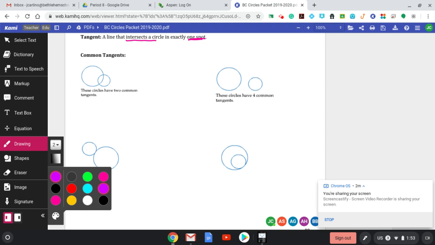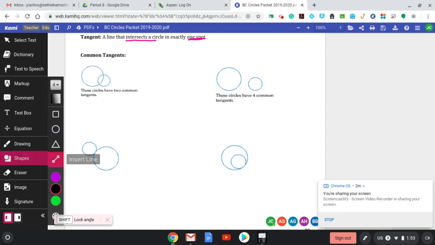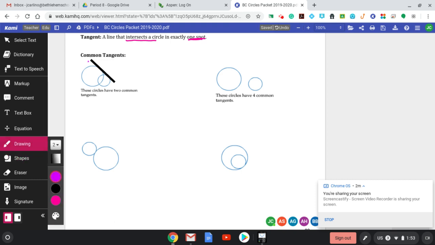So I'll give you a little startup here. Here is my first line right there. Can you draw in the second one? Because I'm claiming there's 2. So I just drew the first one right there. It intersects each circle in 1 spot.